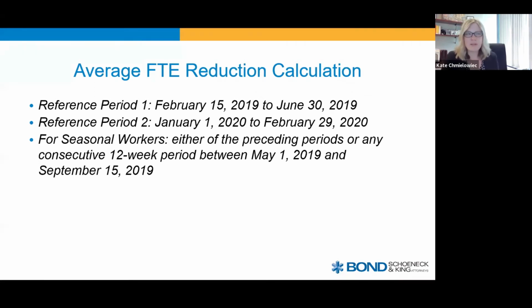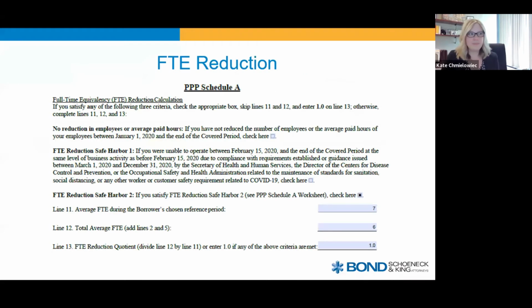The next period is January 1, 2020 to February 29th, 2020. Or if a borrower is a seasonal employee, they can use option 1 or option 2, or they can use any consecutive 12-week period between May 1, 2019 and September 15th, 2019. Okay, next slide.